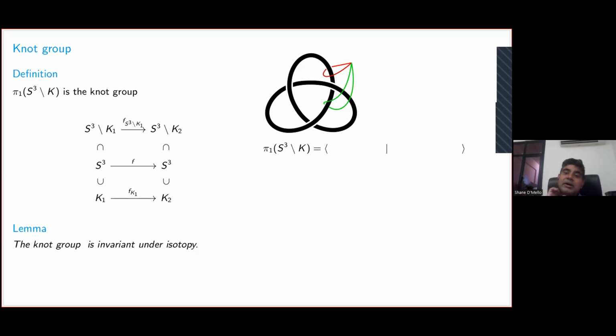In general, any group can be presented by a group presentation, where you give generators, so that the group is generated by some elements, and there are some relations. Formally, you look at the free group generated by those generators, and then you quotient out by the smallest normal subgroup containing the so-called relations.